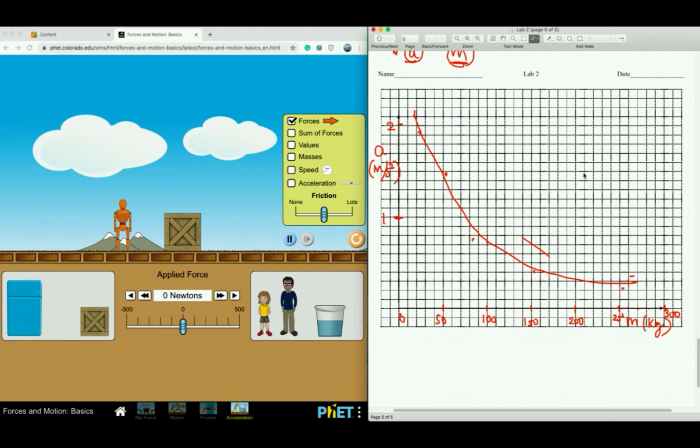And the graph, you need to print this out, and you can take a picture of your graph and then send it in email. If you have a tablet with a pen, you can also draw the graph on your tablet or even on your computer, and then you can just save it and send it to me.